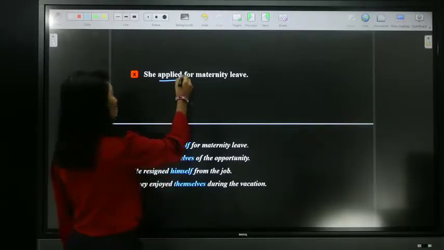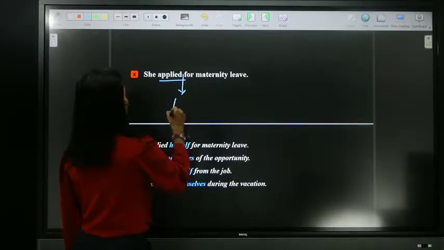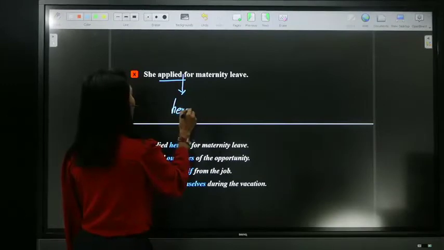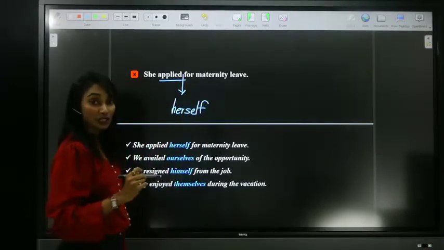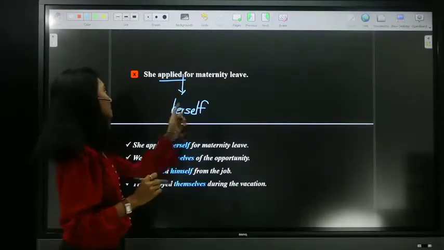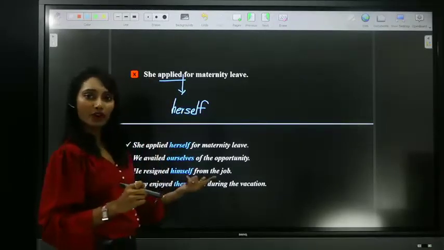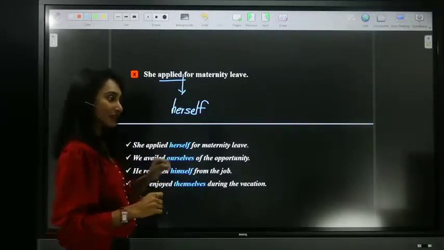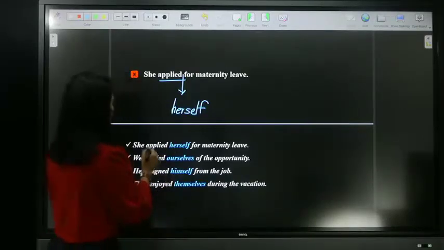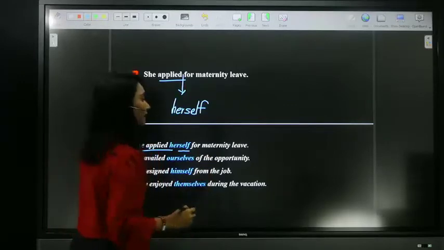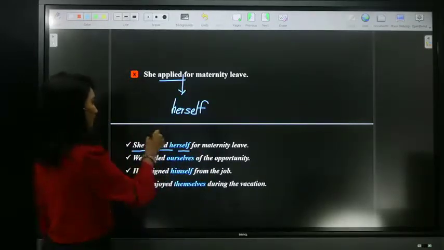So we have to use a reflexive pronoun here. She applied herself for maternity leave, because apply is followed by a reflexive pronoun. Look at these examples. Yes, Swapna, you're right. She applied herself for maternity leave is the correct one.